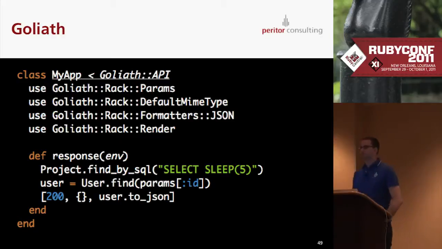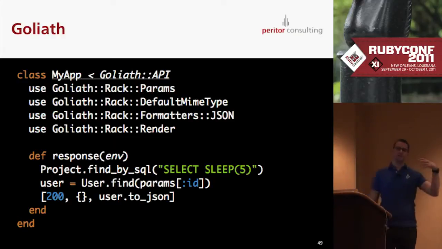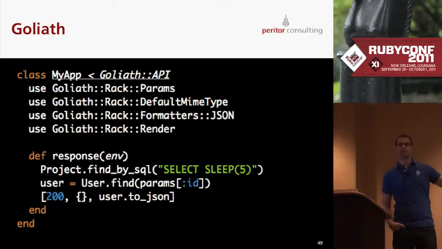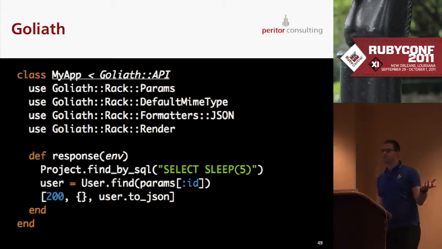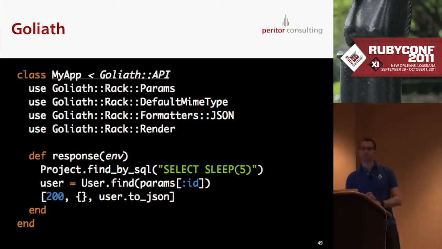But the cool thing is it's not blocking. If this were a Rails action, the Rails process would be hanging for 5 seconds. In Goliath, you can just hammer it in parallel and it will still respond to you.